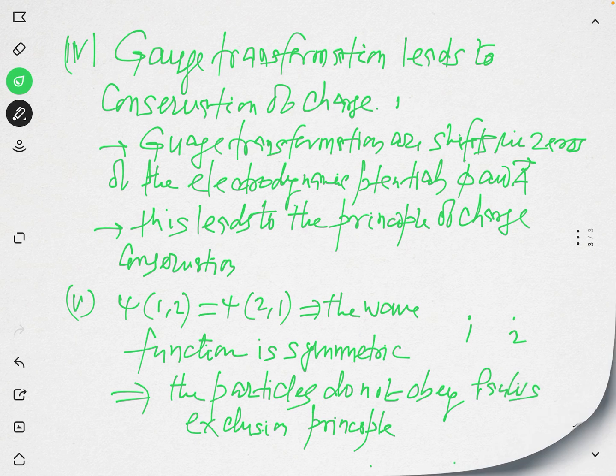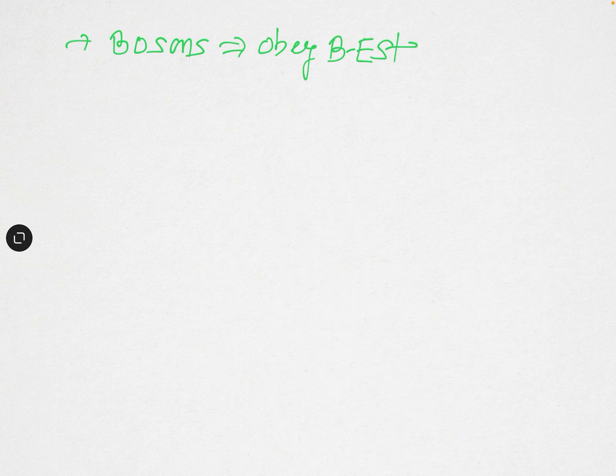And if they do not obey Pauli's exclusion principle, you can say such particles are called bosons. And why are they called bosons? Because they obey Bose-Einstein statistics, BE statistics.